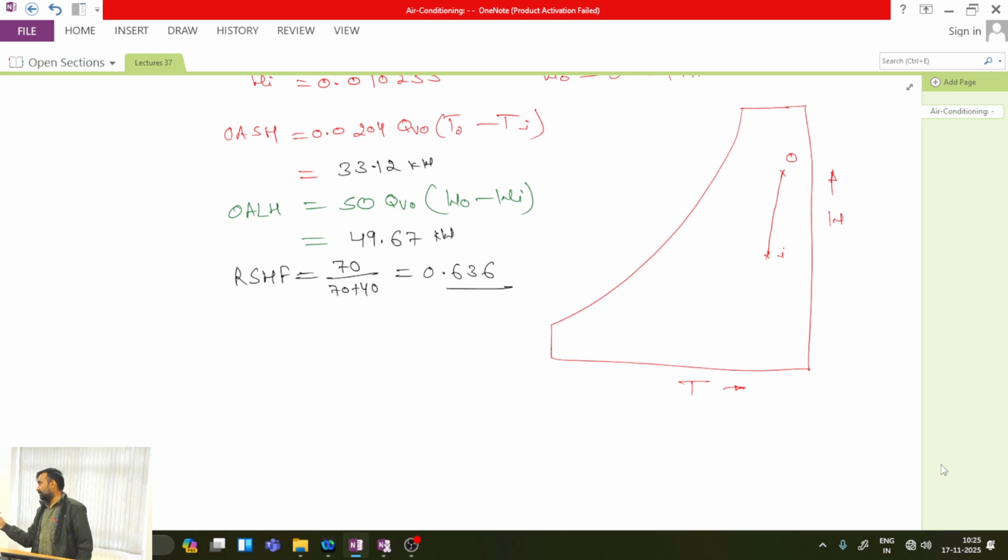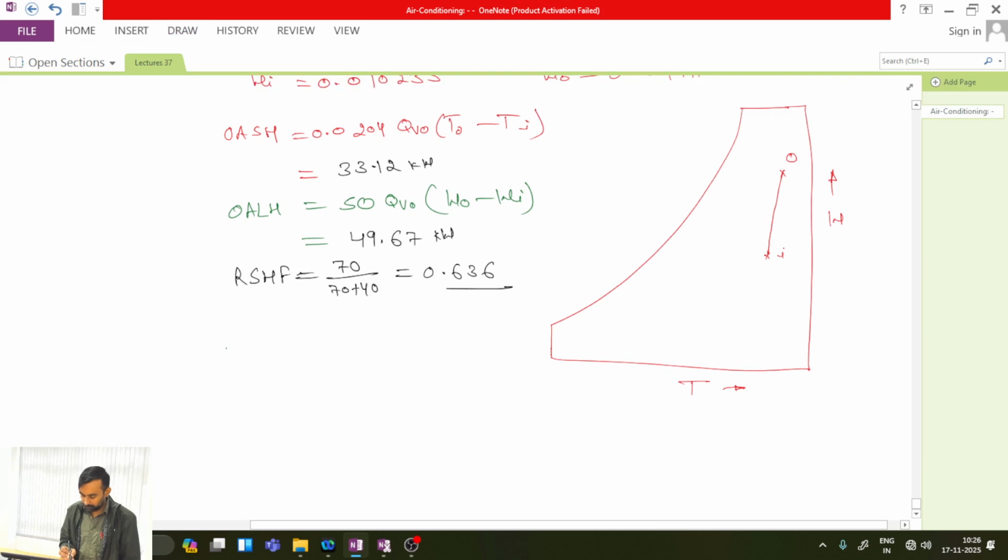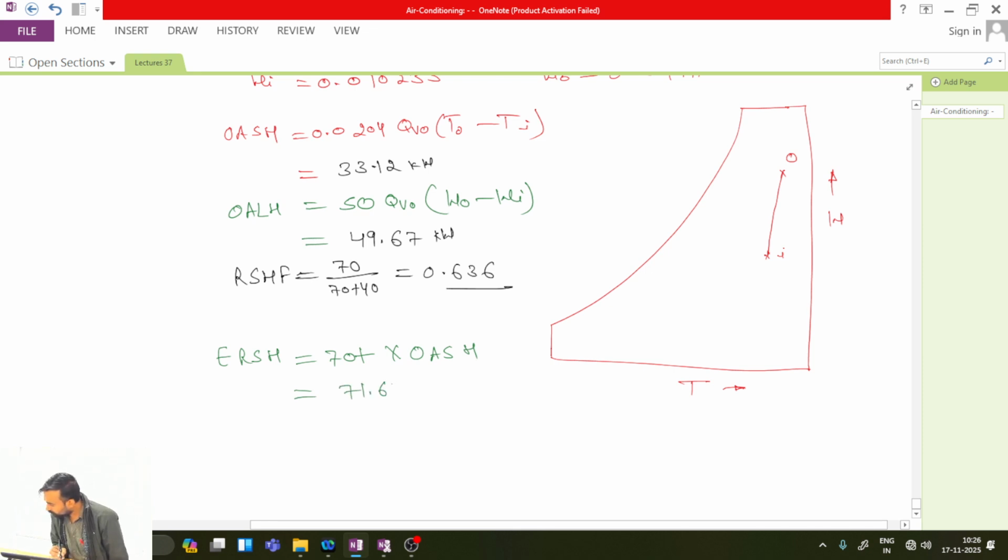If you know this bypass factor, can you go with the ERSH? What will be ERSH? 70 plus X times OASH. How much it is? X, I have already told you, 0.05 given in the question.